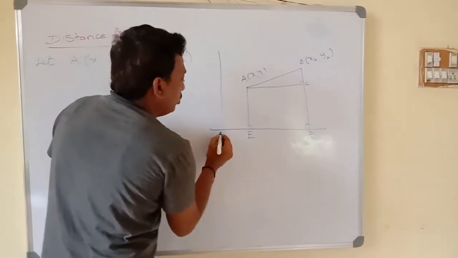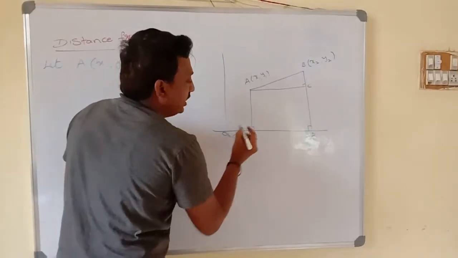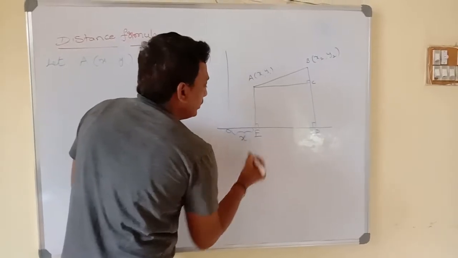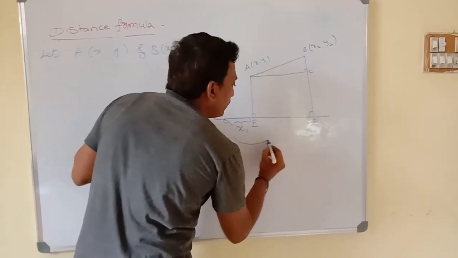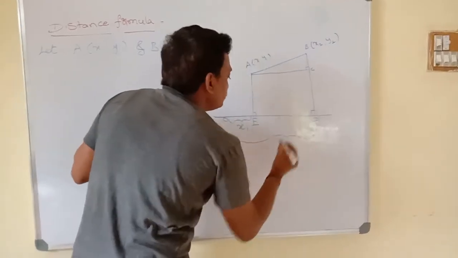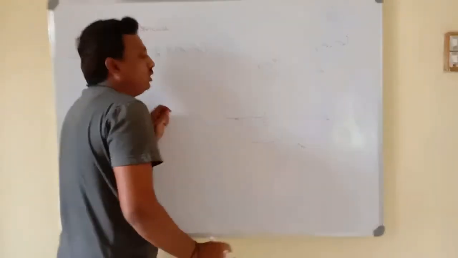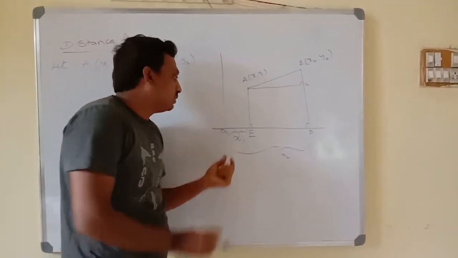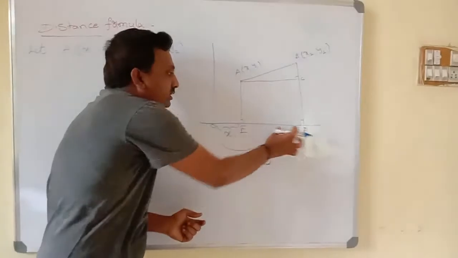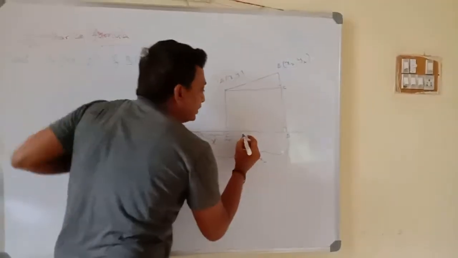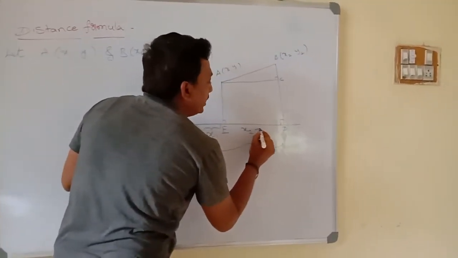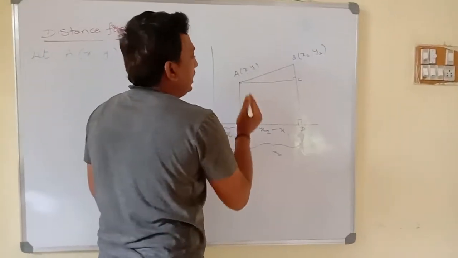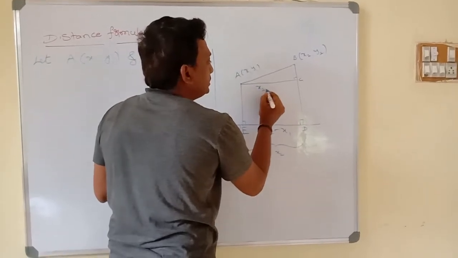Origin to E is x1, origin to D is x2. So what about the DE value? The big number minus the small number gives the ED value. So ED is x2 minus x1. CA is also x2 minus x1.